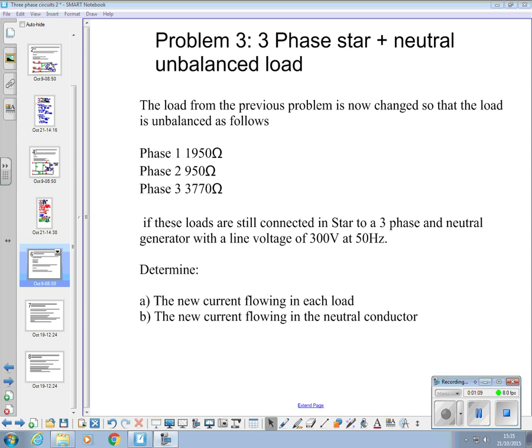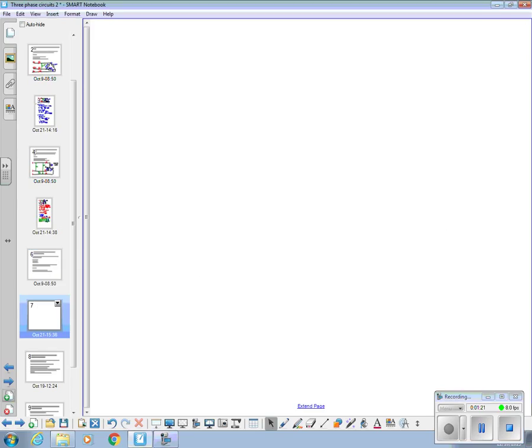Right, so three-phase star and neutral unbalanced load. The first thing really, as always, is to draw some kind of diagram of the system. So we've got 1950.